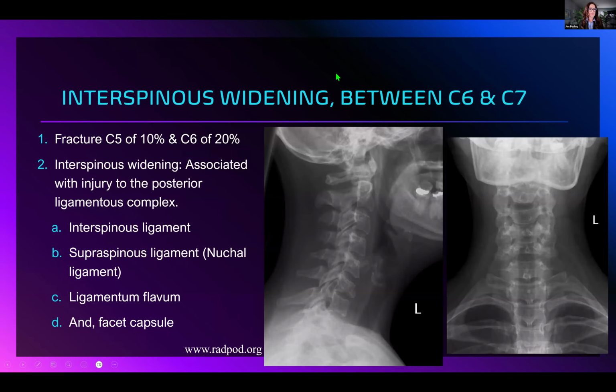With the next one, this is our last category. So interspinous widening, and why do we really care about it? This is a great case showing some compression fractures of the lower cervical spine. Typically, if I do see compression fractures, they are usually in the lower because of hyperflexion. It just crunches down on the vertebral bodies.